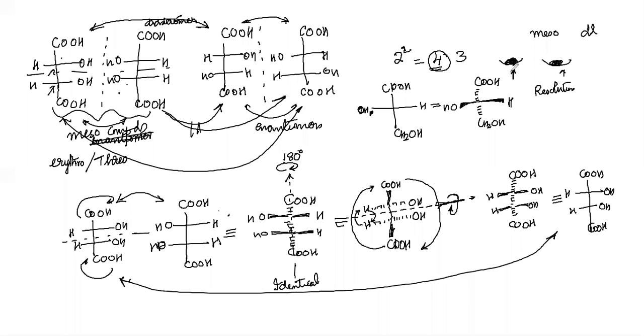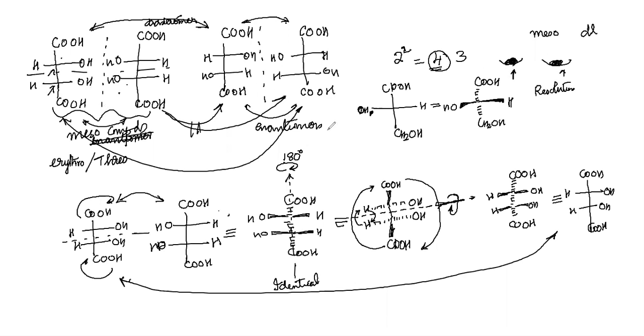That is, try to resolve both of them into enantiomers. One of them you can resolve into two forms, a plus and minus. The other one, whatever you try, you cannot separate into two. The one which is non-separable into enantiomers will be a meso compound.